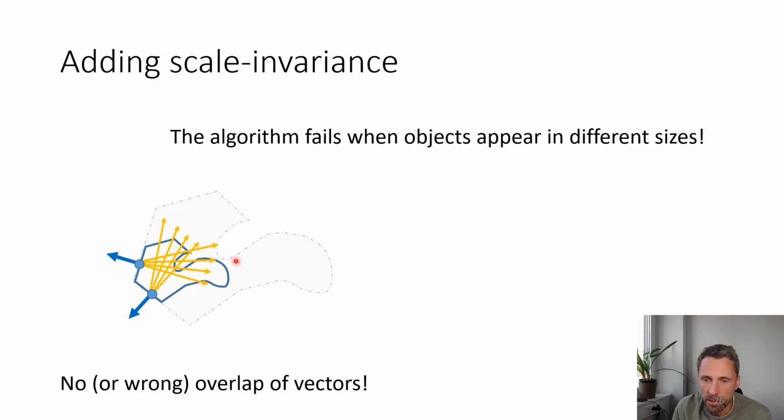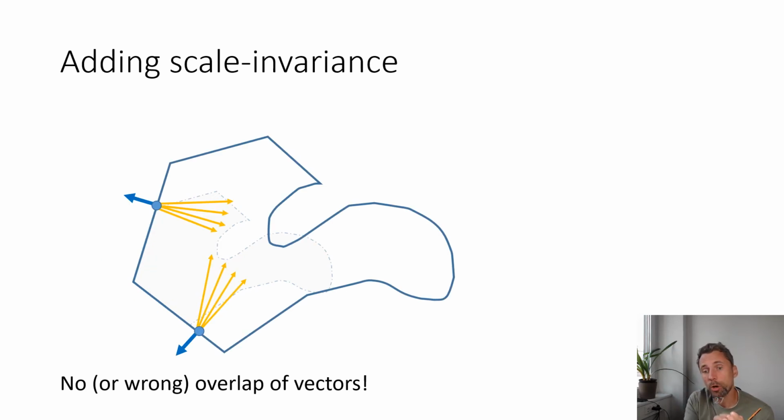In the end, you have vectors pointing to locations that don't make sense, because those edge pixels that you observe are either on the contour of a smaller version of the object, or on the contour of a larger version of the object. So they either overlap wrongly in the accumulator, or they don't overlap at all.